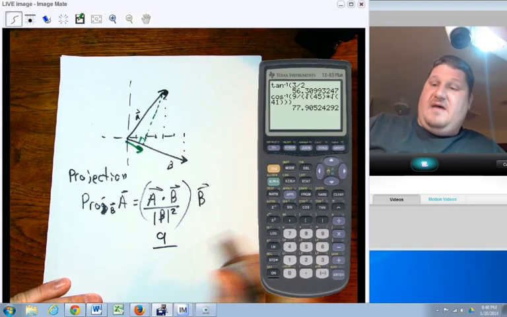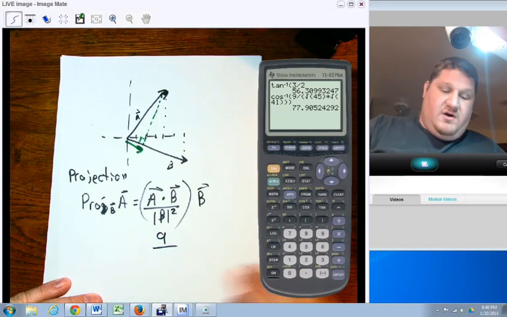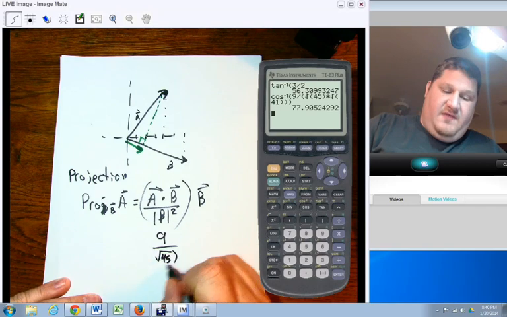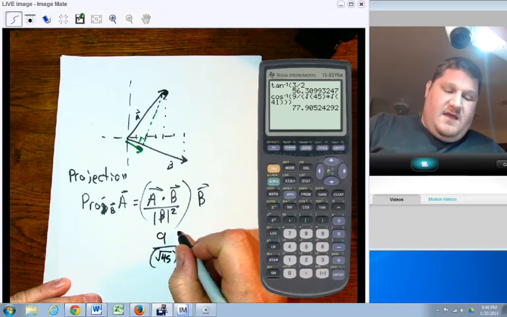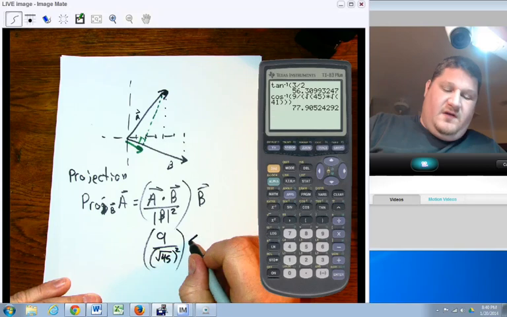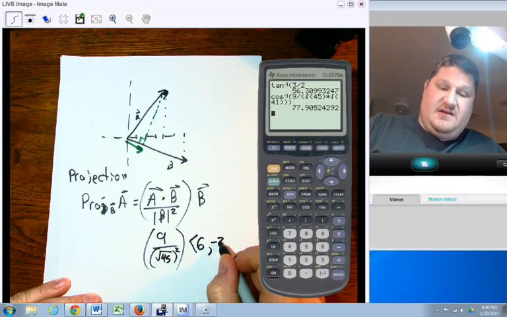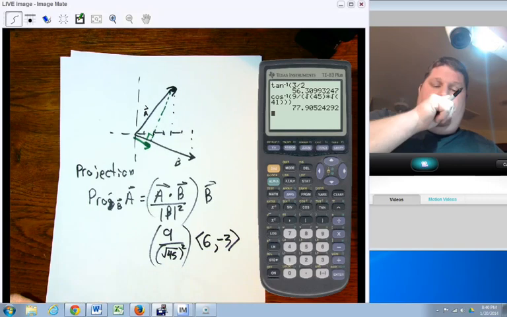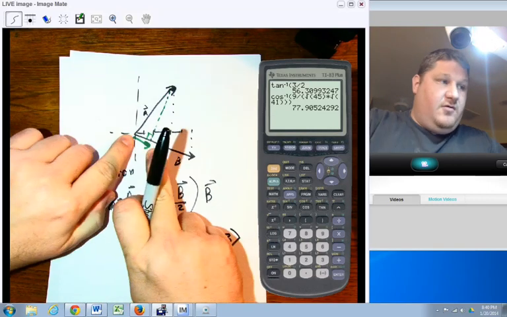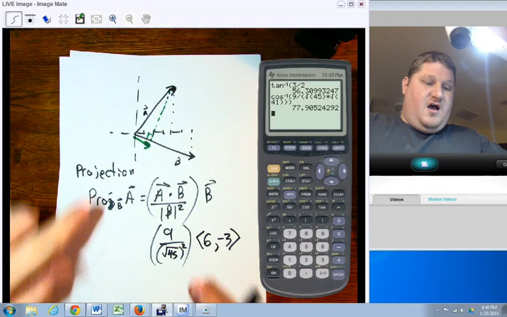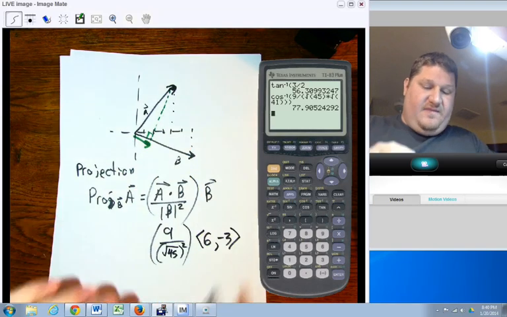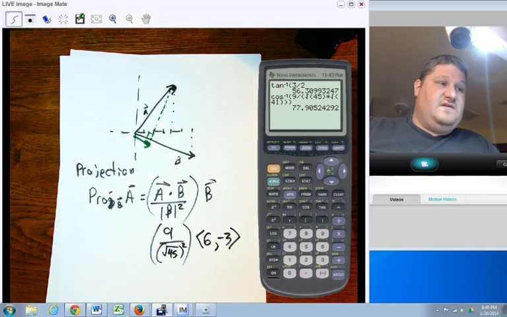We had the magnitude of B, which was square root of 45. That is squared. And that value we're going to multiply times vector B, which was 6, -3. So the question becomes, how much is the projection of A onto B? It's going to be found using these values right here.